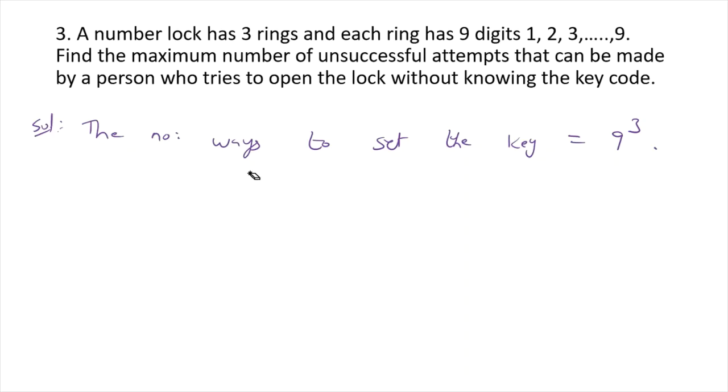So the number of ways in which we can set the key is equal to 9 cube. Therefore, the total number of unsuccessful attempts, maximum number of unsuccessful, okay.